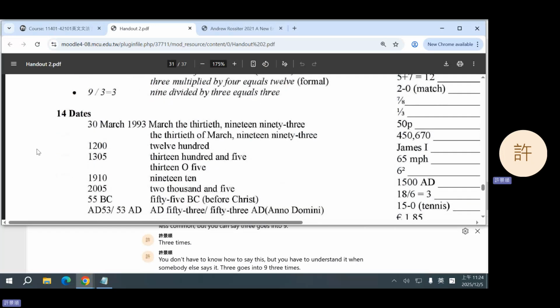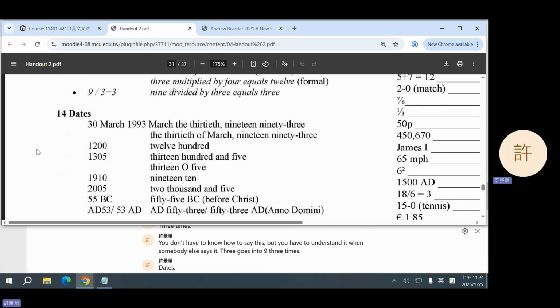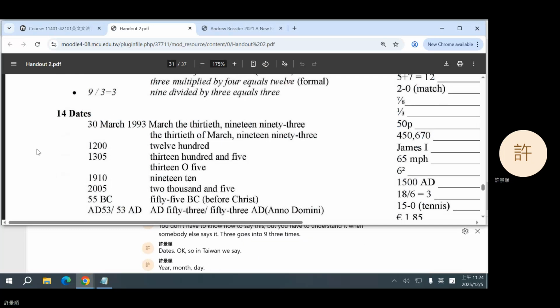Dates. Okay, so in Taiwan, we say year, month, day, right? 对吧？台湾是年月日吧？ Americans say month, day, year. Everyone else says day, month, year. Or that's how they write it.